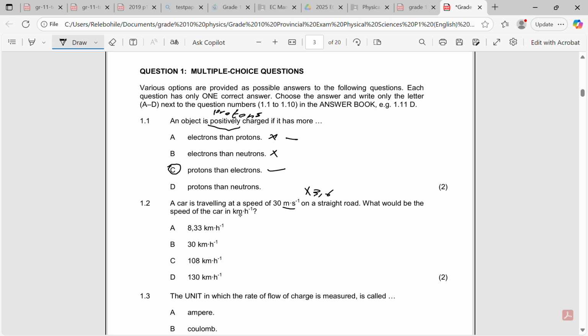If you are converting from kilometers per hour to meters per second, you divide by 3.6. So here we are going to take this 30 and multiply it with 3.6, and the answer we get, I believe, is going to be C. So our answer is going to be 108 kilometers per hour. Okay, that's how we'll tackle this question. Let's move on to the next one now.